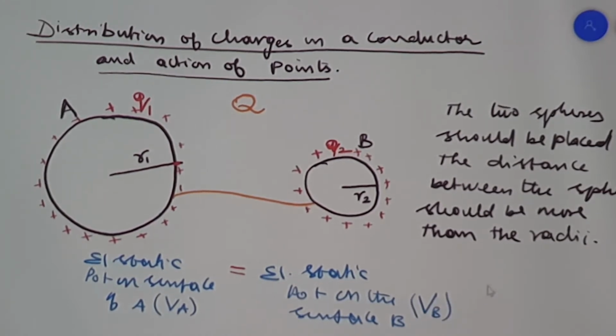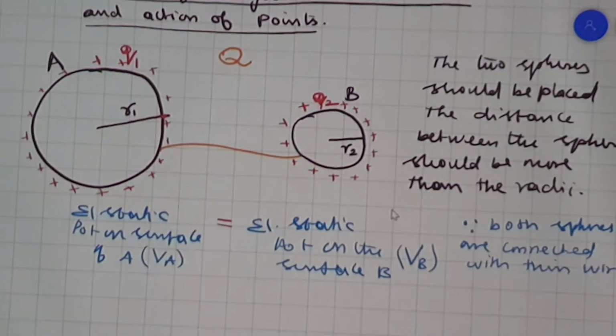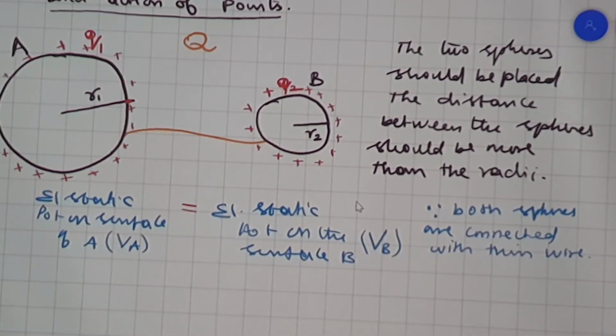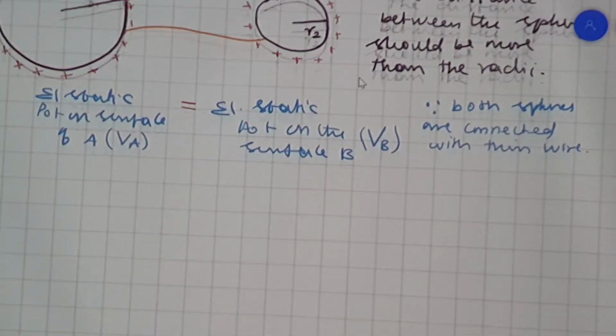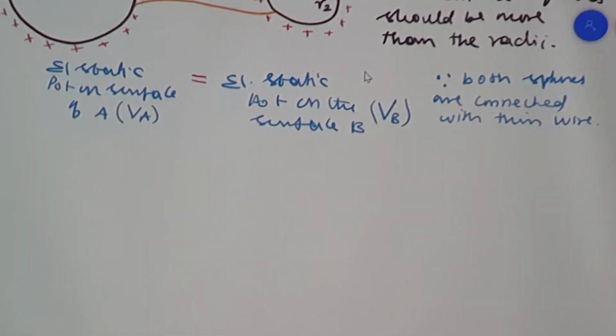Why is this the case? Since both spheres are connected with a thin wire, we can state that the electrostatic potential on the surface of A is equal to that on the surface of B.